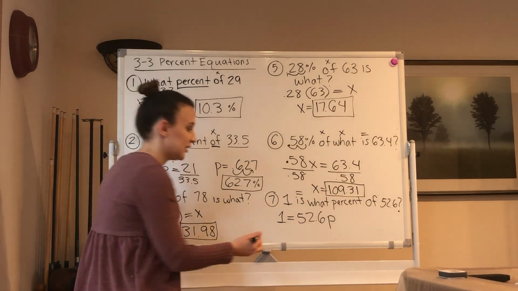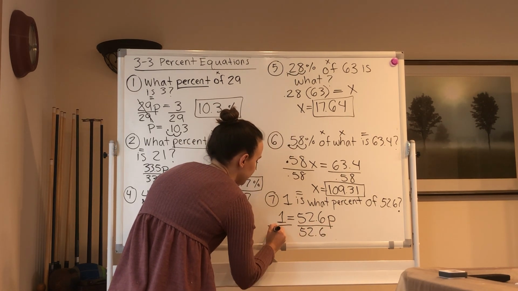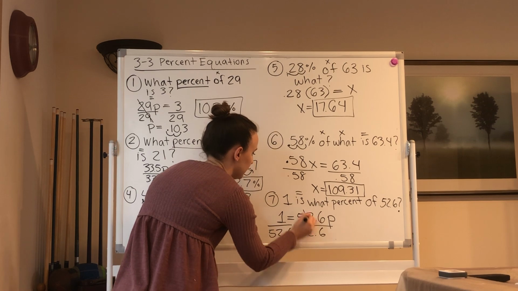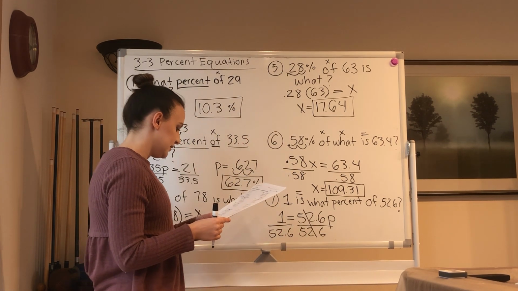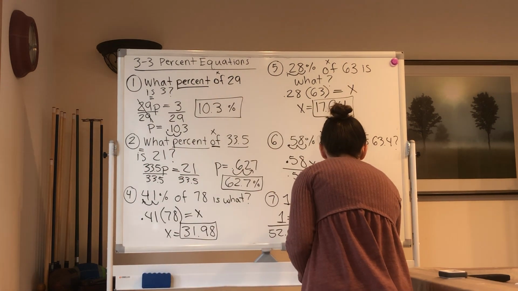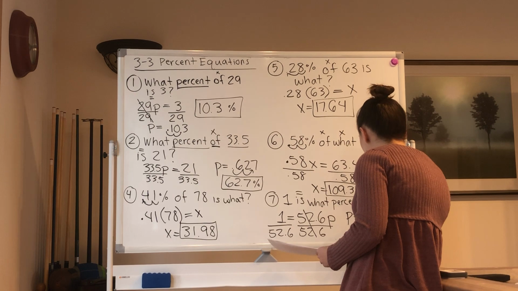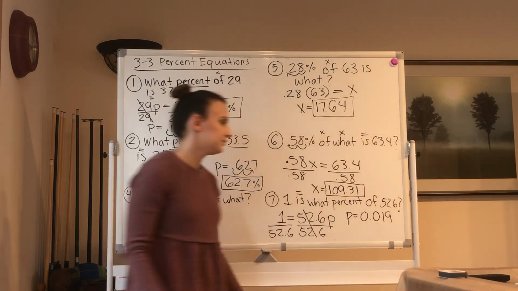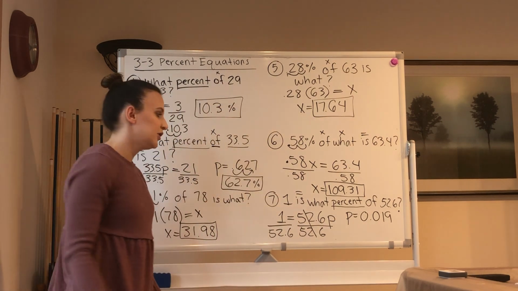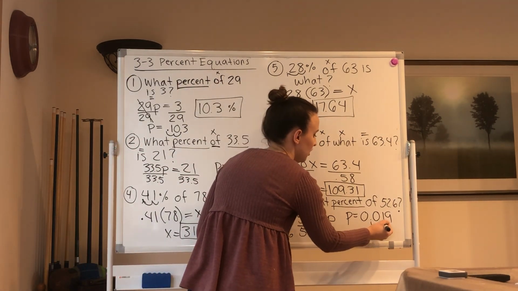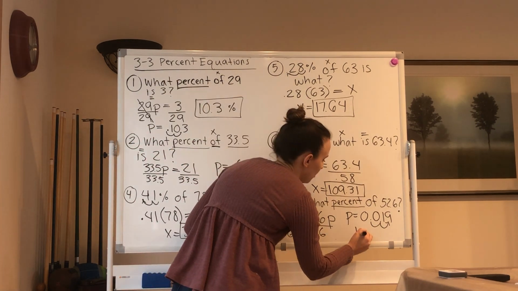Now to get P by itself, we need to divide by 52.6, divide by 52.6. 1 divided by 52.6 is P equals 0.019, but it's asking you what percent. So since it's asking you what percent, we need to move the decimal 2 places over to convert this to a percent, and you'll get 1.9%.